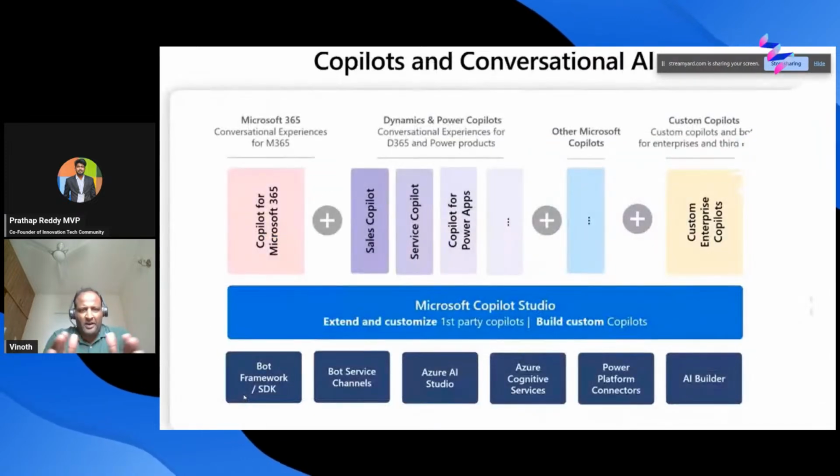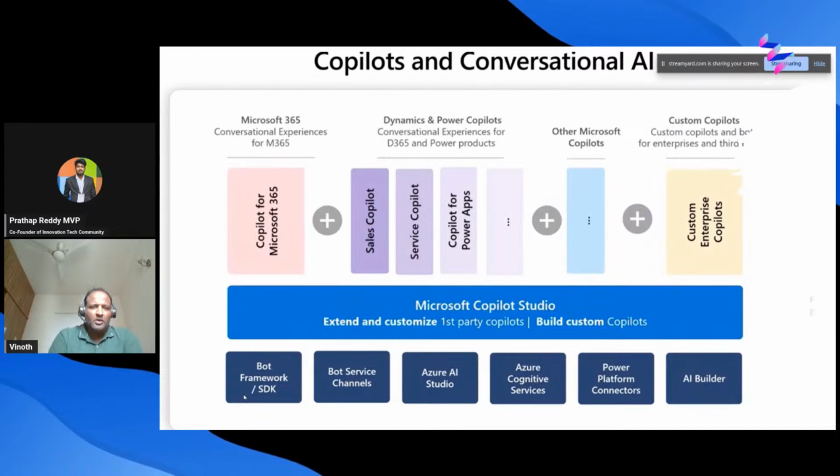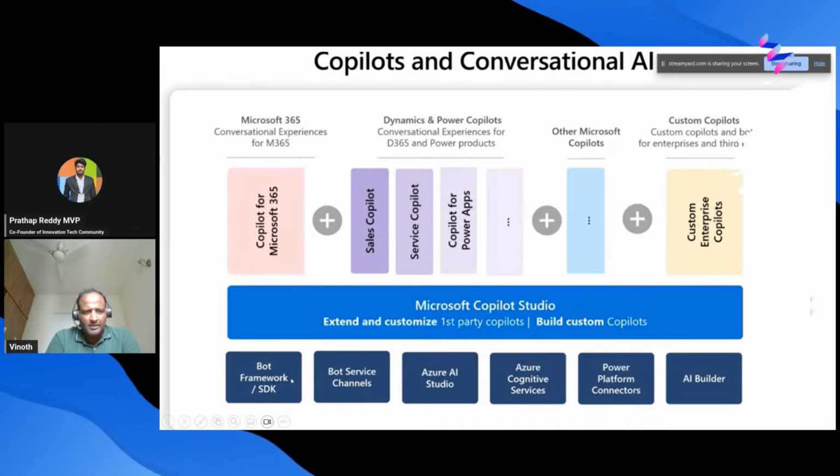So here is the complete Microsoft Copilot Studio architecture or structure. In the bottom area, you can see the blue color. Microsoft Copilot Studio connects a variety of different tools. In the top layer you can see the dynamic Copilot, other Microsoft Copilot Studio, custom Copilot Studio.